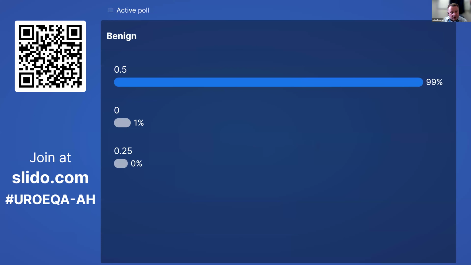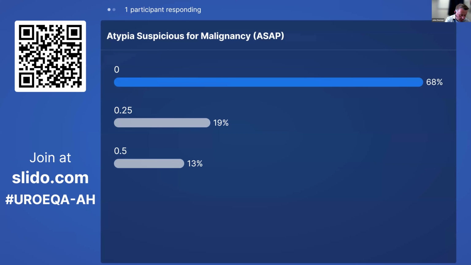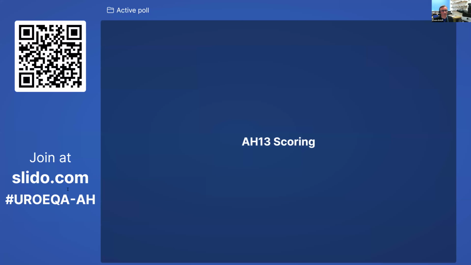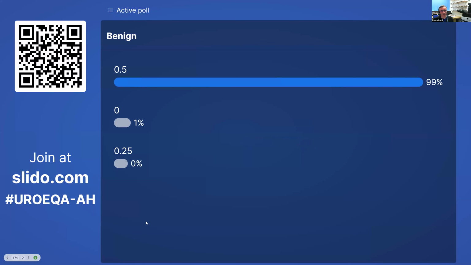So 99% of us, 0.5 for benign, because this had a supplementary question with it. 0 for ASAP, 0 for high-grade PIN, 0 for adenocarcinoma. So these were the actual scores for the AH13. Okay, can you see that, John?